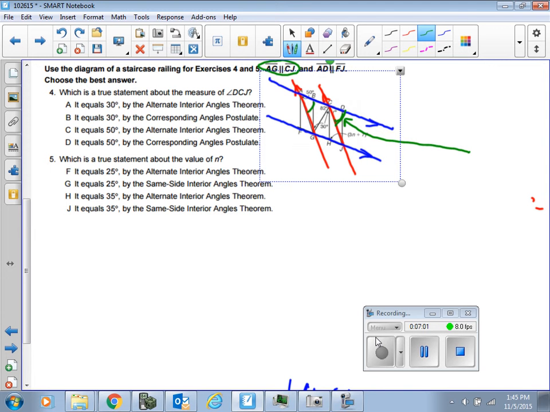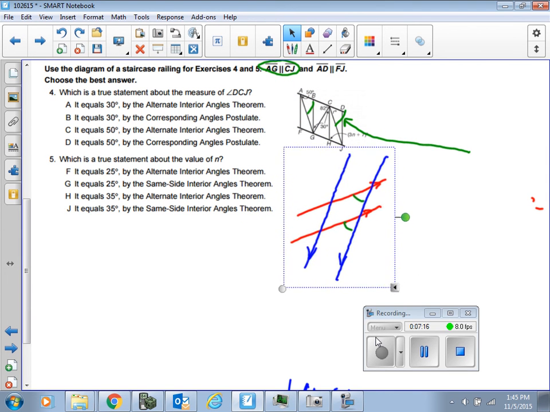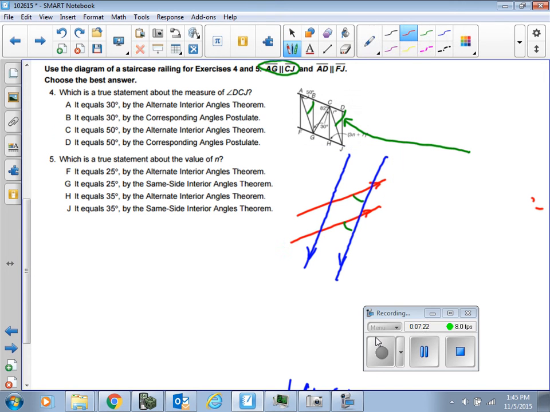And there's another green angle I did, because we know that that one up there is 50. It might not be apparent looking at it the way it is, but if I twisted my diagram around and looked at it this way, we could know that D would be our answer, because angle DCJ, which would be this one, and this other green one up here are corresponding, which means they are congruent. So that is our answer for that one, D.